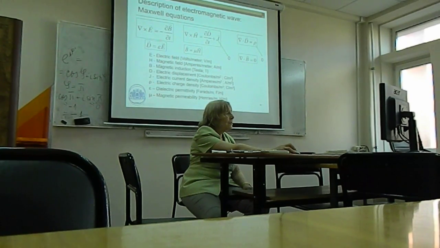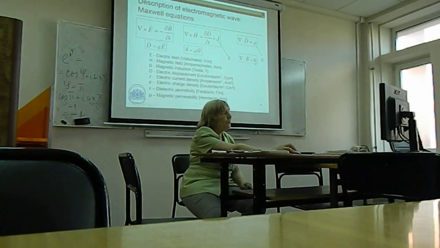This is the electric displacement or electric induction. This is the electric current density. Again, this number corresponds to divergence of this displacement. This is electric charge density.